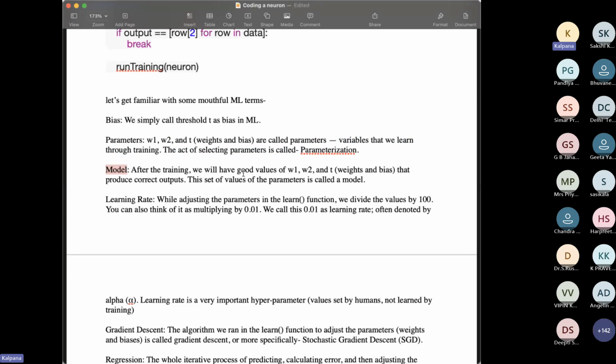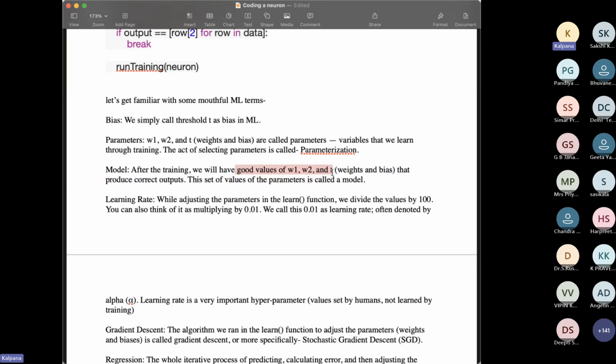After training, we will have good values of W1, W2 and T, which is weights and bias, and these weights and bias will produce correct outputs. When we train a model, actually we are getting good values of the weights.